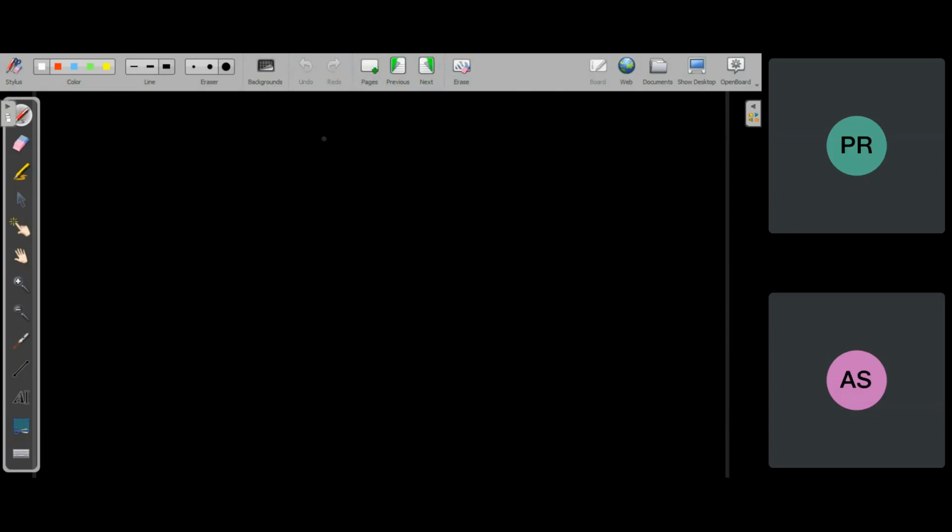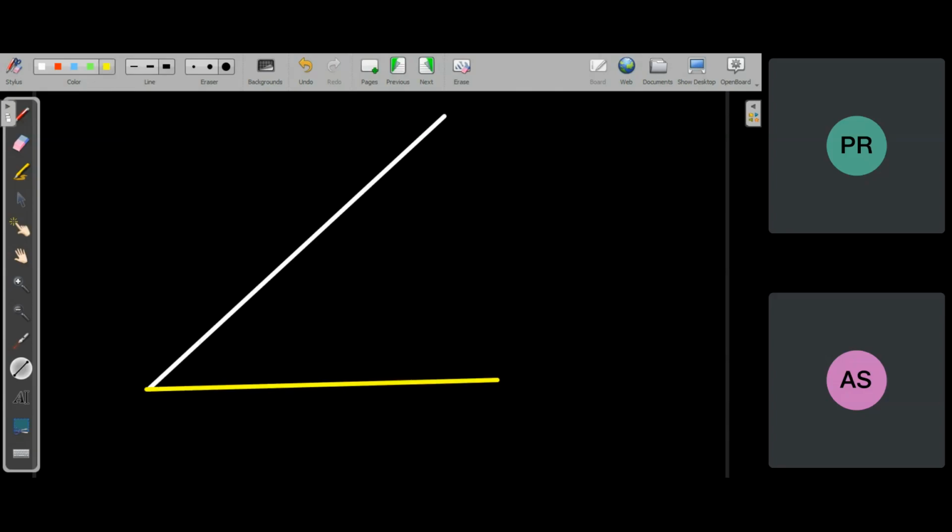But then we should take its component towards the center, so we should write either f cos theta or f sin theta. But directly we are equating friction to mv square by r. We cannot directly equate friction to mv square by r, because friction can never be towards the center. Friction will always be along the surface.